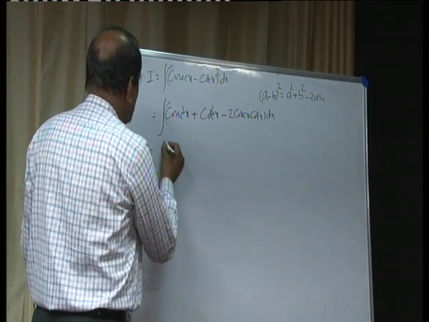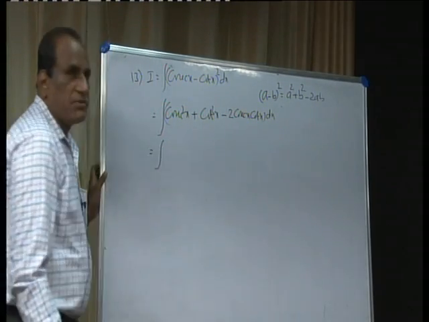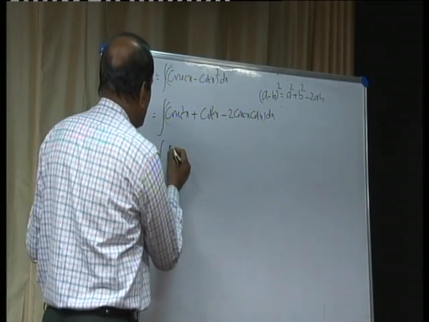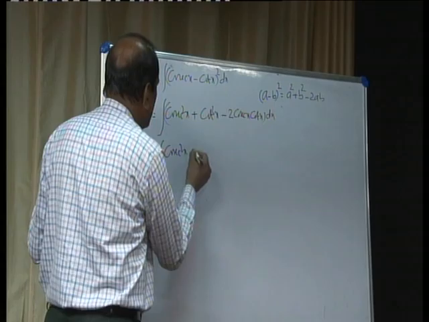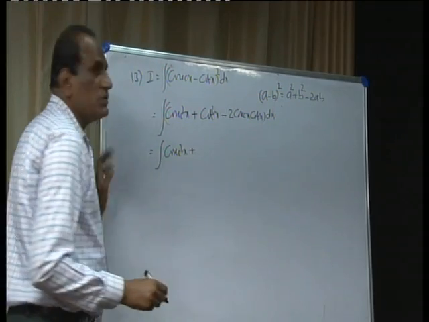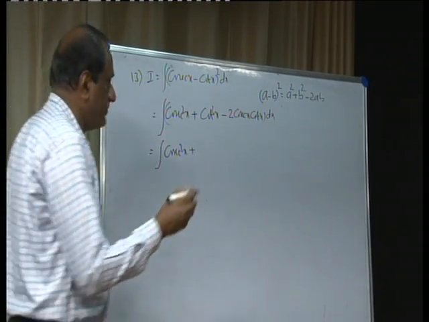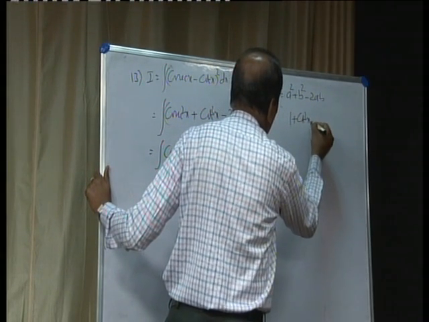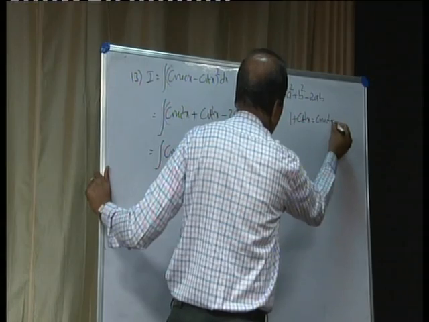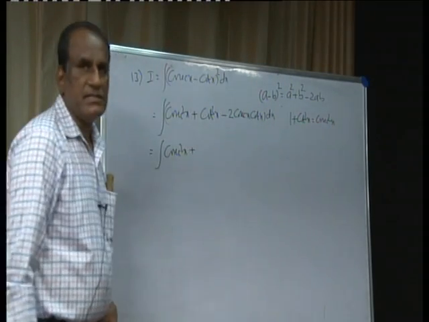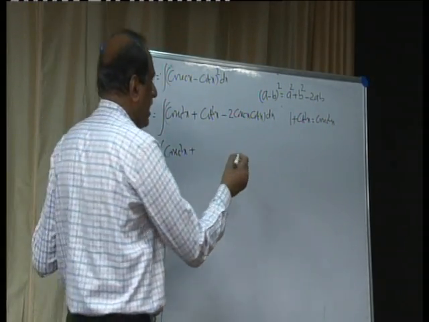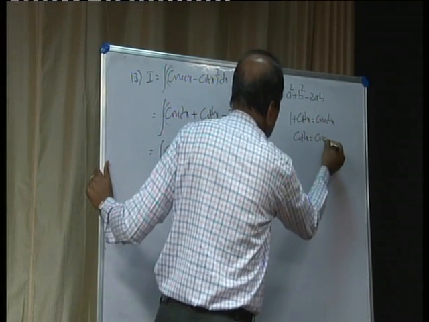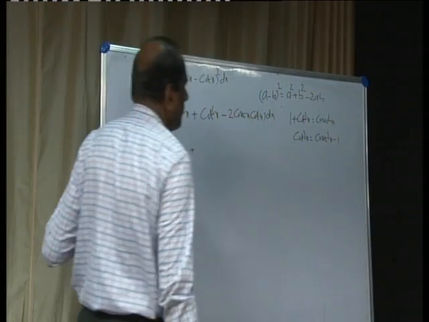Now we cannot integrate cot square x directly, but we can integrate cosecant square x. Therefore use the identity in trigonometry. See here, 1 plus cot square x is equal to cosecant square x, or cot square x is equal to cosecant square x minus 1.